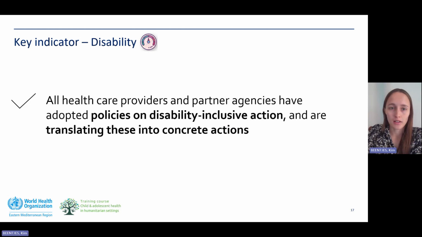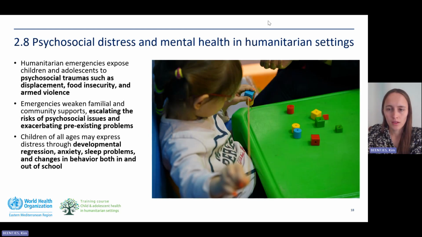The key indicator linked to disability here is that all healthcare providers and partner agencies have adopted policies on disability inclusive action and are translating these into concrete actions in their humanitarian response. Then the next topic is psychosocial distress and mental health in humanitarian settings.